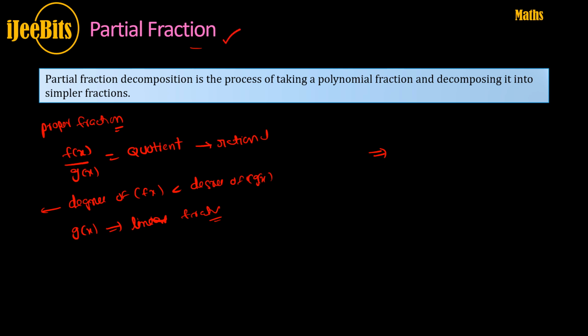Let's say for instance, you have an example: 2x plus 3 over x plus 1 into x minus 3. The given polynomial fraction is like this. The numerator is f of x, the denominator is g of x. The x power 1, x into x, is x square. So the denominator degree is higher than the numerator. This is a proper fraction.